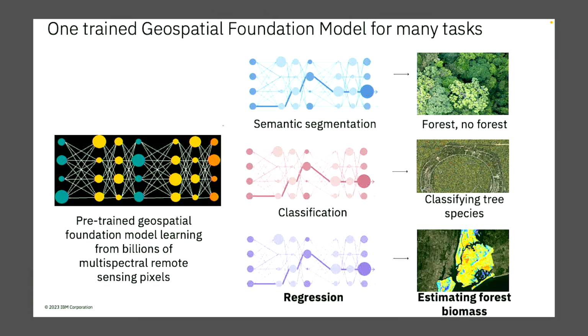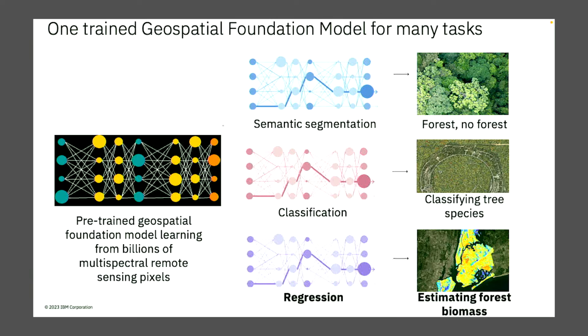That is primarily done by IBM Research at this point, where they're taking large amounts of multispectral satellite imagery and building pre-trained models, essentially learning the relationships between the bands temporally, spatially, etc. And this is a huge volume of data. Right now we have built models across the globe.